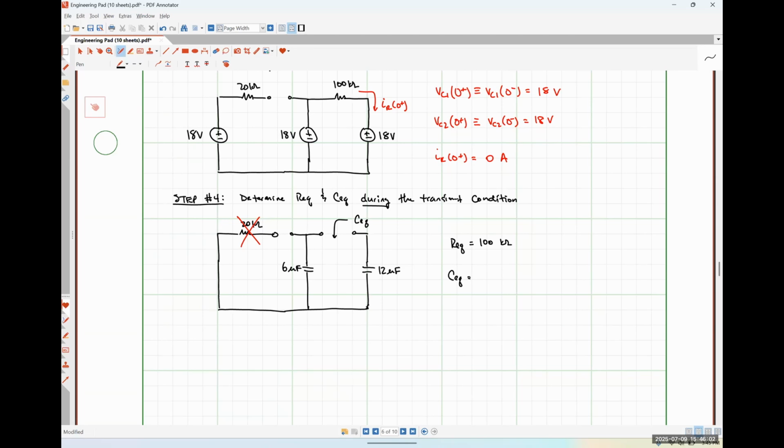It's 6 and 12 in parallel with each other, basically. So I believe that they are in series with each other.